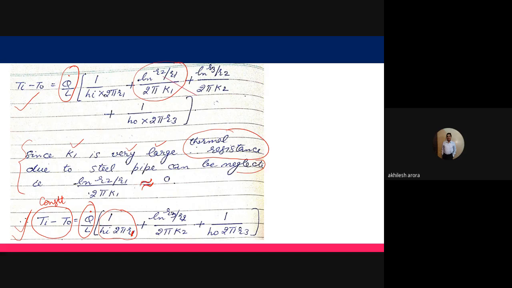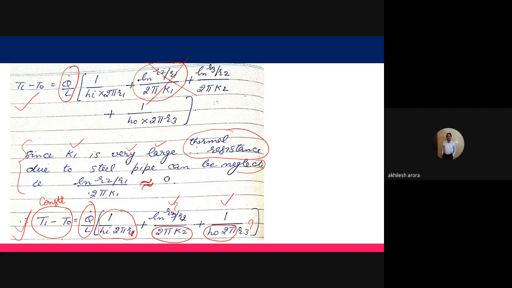This part has already been neglected, so forget about this, though it was also a constant value. Now you see this term and this particular term. This part is a constant, and similarly here, this part is a constant. This is R3 here, and this is R3 here.